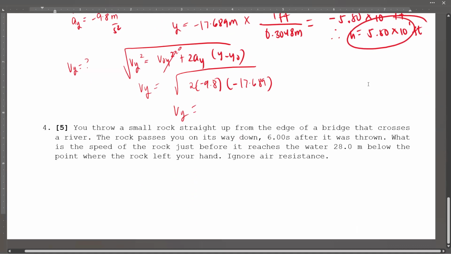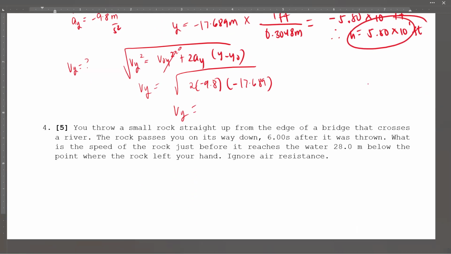So I'm going to get the meter per second because it does not require us to convert. No, it's not asking for feet per second. So Vy is simply 18.62 meter per second. So this is 1.86 times 10 raised to 1 meter per second.